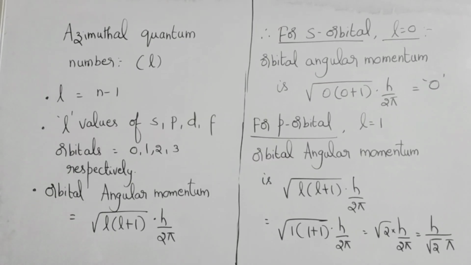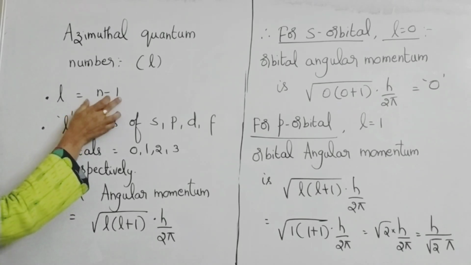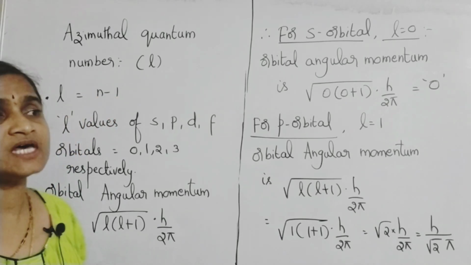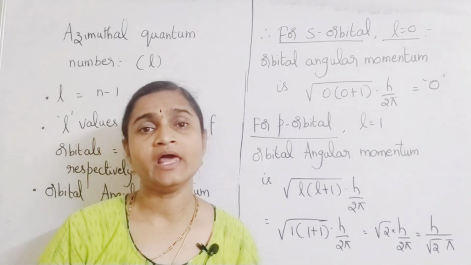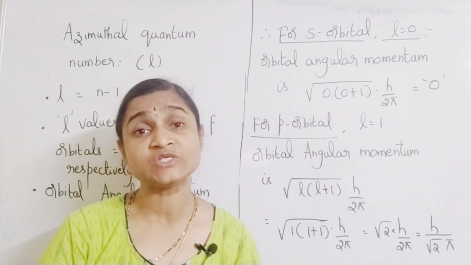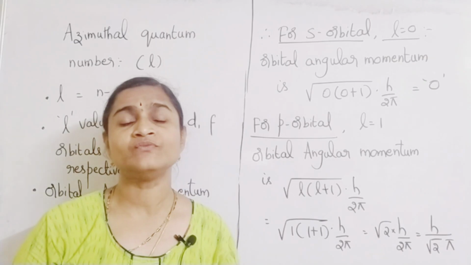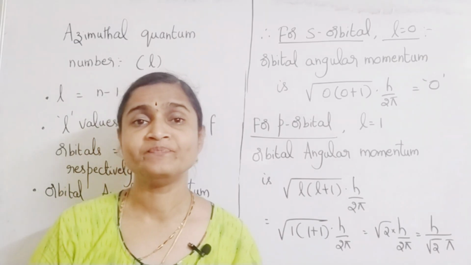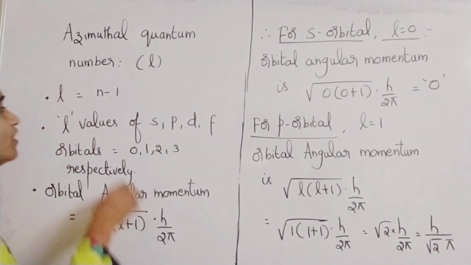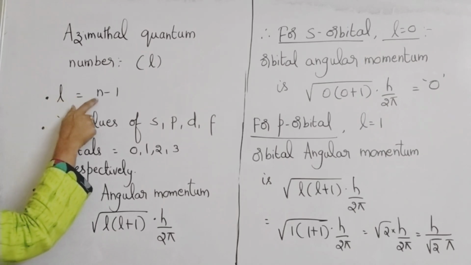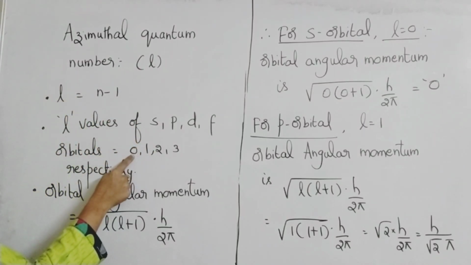We all know that the azimuthal quantum number is denoted by the letter L, and L equals n minus 1. What are L values? Subshell values. For the s orbital, which starts from the first orbit, the n value is 1. So the L value of the s orbital is 1 minus 1, which is equal to 0.